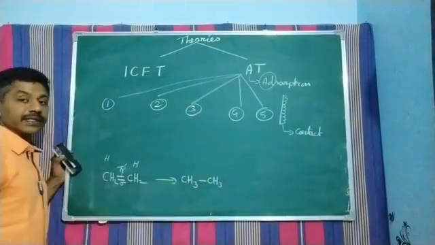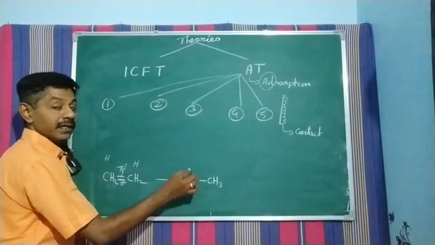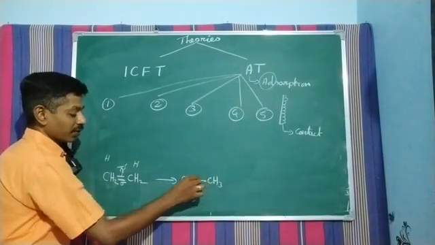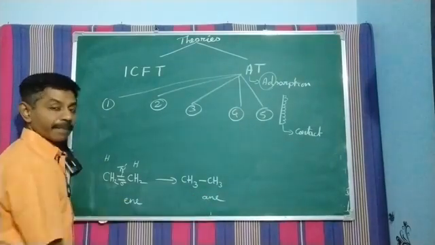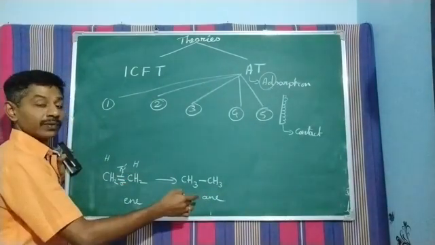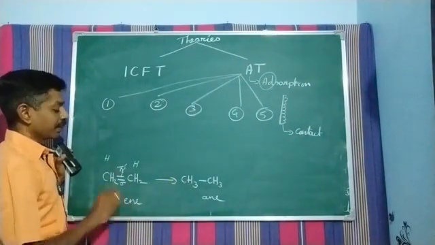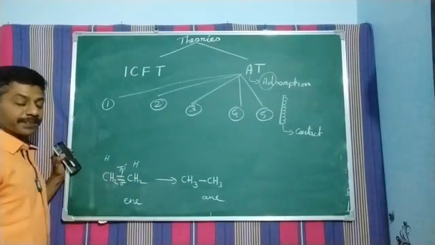I hope you have learned in 11th standard about hydrocarbons. They have only carbon and hydrogen. Now it has only single bonds, so an alkene gets converted into an alkane. Ethene gets converted into ethane. This is a hydrogenation reaction, addition of hydrogen.